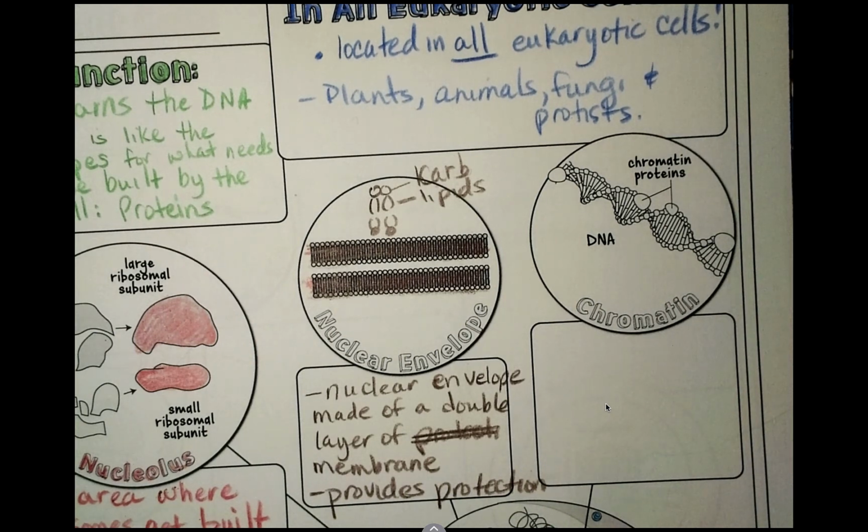So if we untangled our DNA and laid it out in one straight line, we would have somewhere between 6 and 9 feet. And that is just in one single cell. It is crazy. So how does it fit?